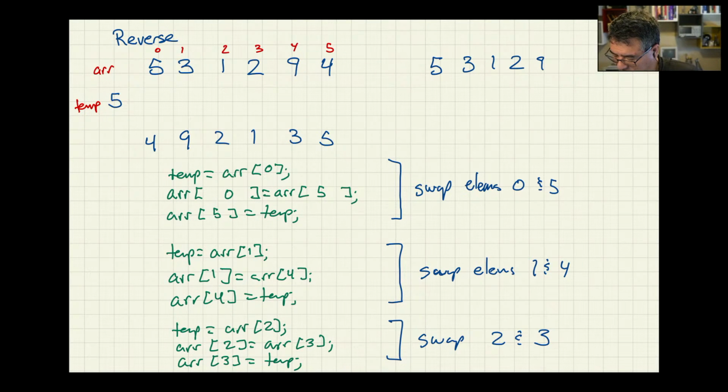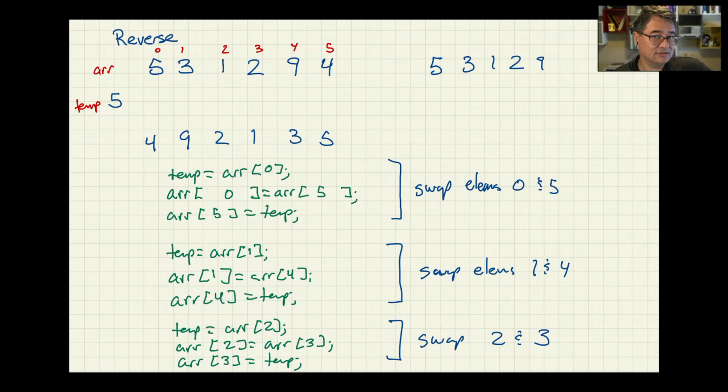So let's see what would happen. If I run this loop and go halfway through, there's 5 elements in the array. If I divide that by 2, what will I get? What's 5 divided by 2?